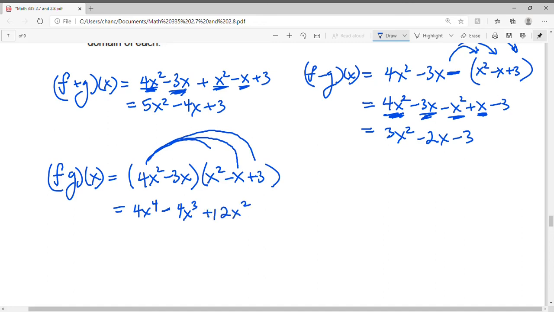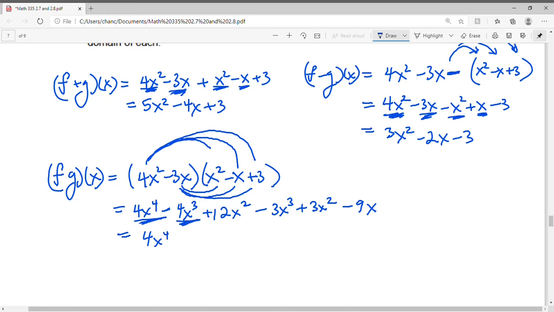And then we'll do negative 3x times x squared. That's negative 3x cubed. Negative 3x times negative x is a plus 3x squared. And negative 3x times 3 is negative 9x. Let's simplify. We have 4x to the fourth, cannot be added with anything.